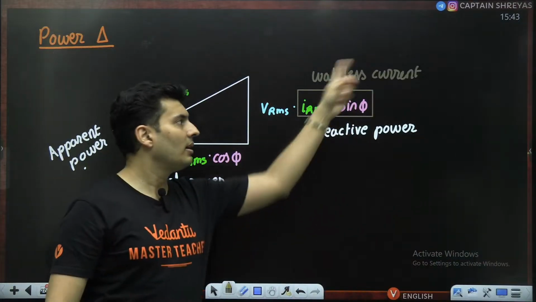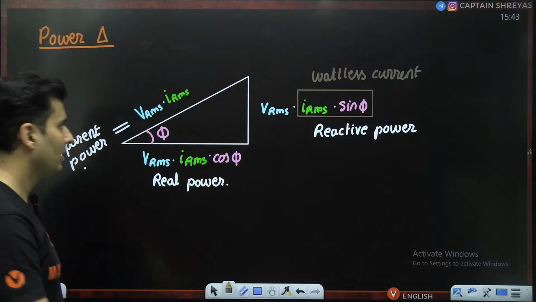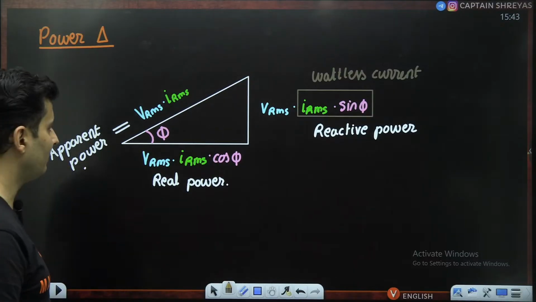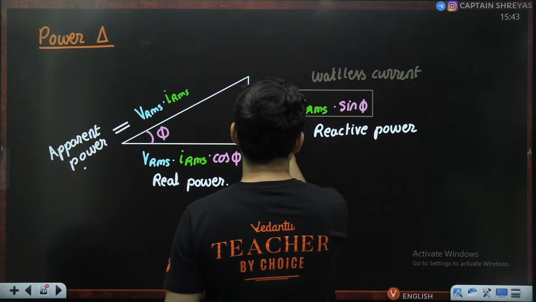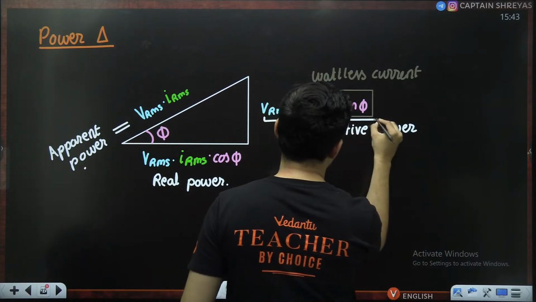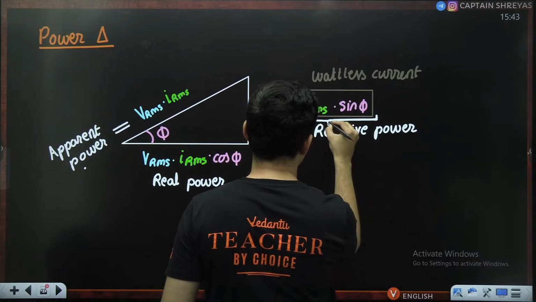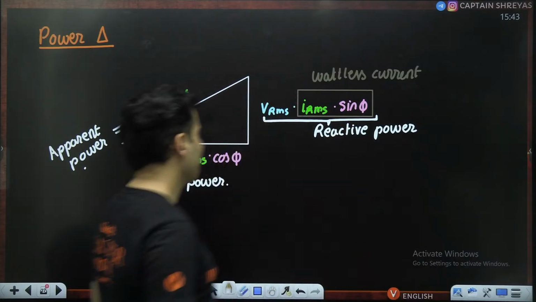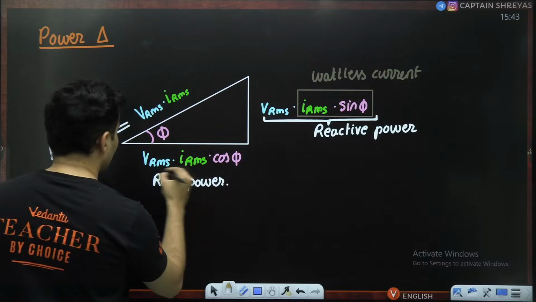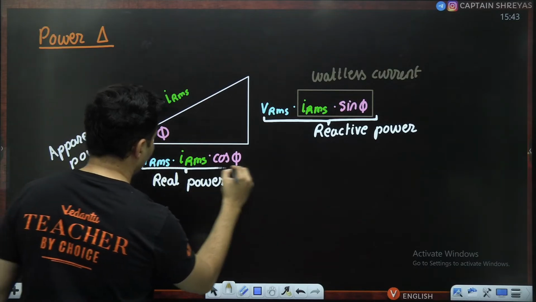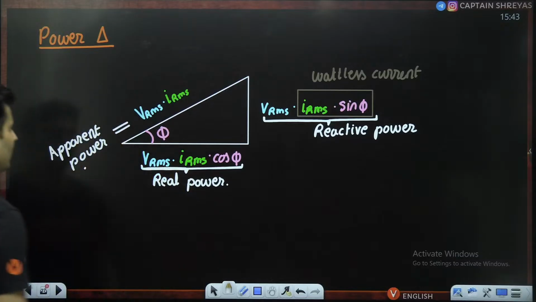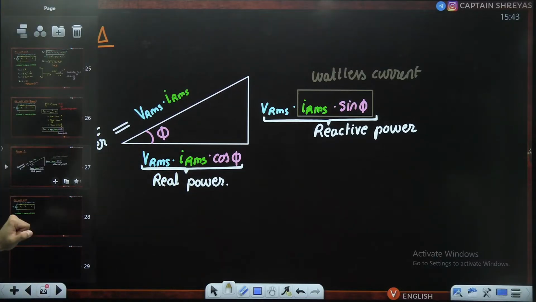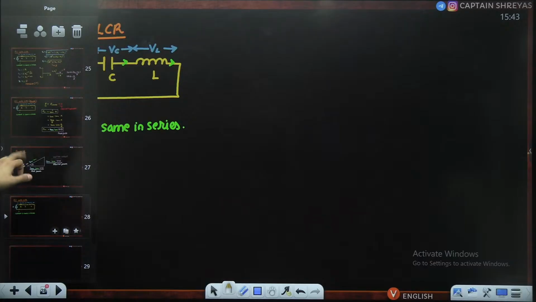That is why it is called the wattless current component, Irms into sine phi. This whole thing as such was called reactive power. And this whole thing was called real power. That is your power triangle. Okay, great.